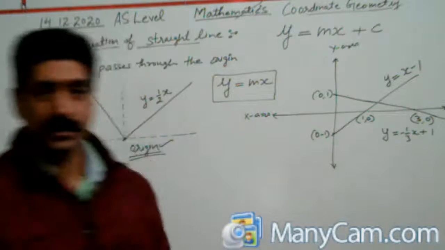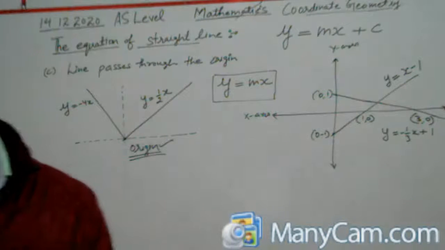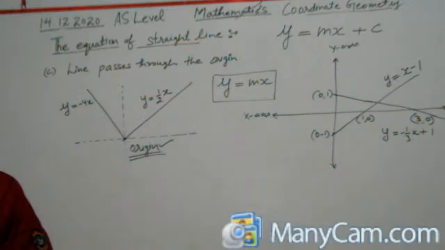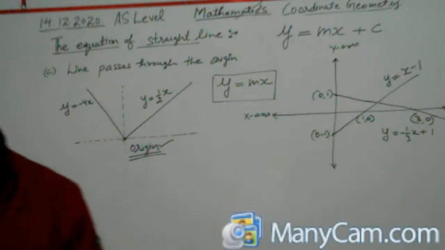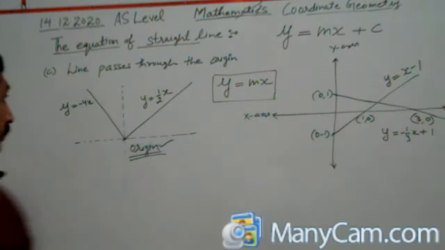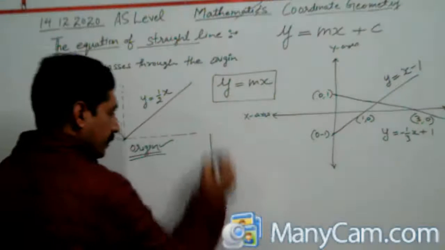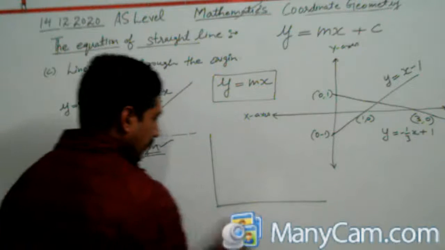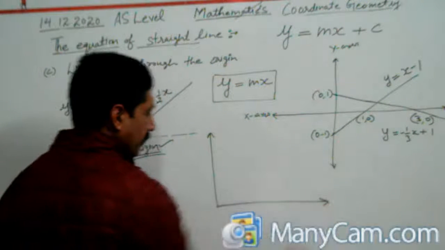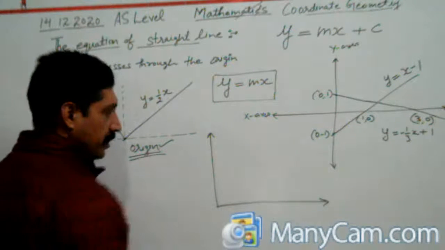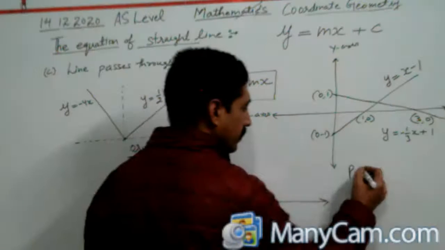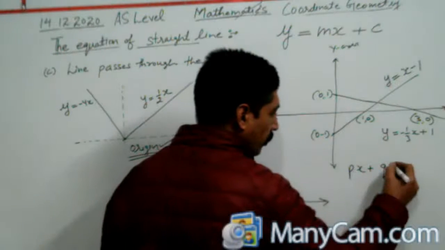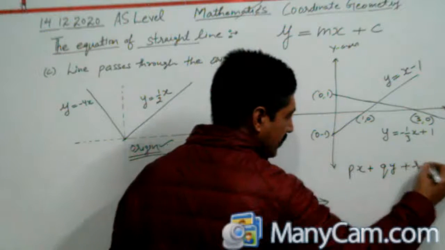So these are the various forms of a line, and we have one more form, px plus qy plus r is equal to 0, the last form which we have discussed here.